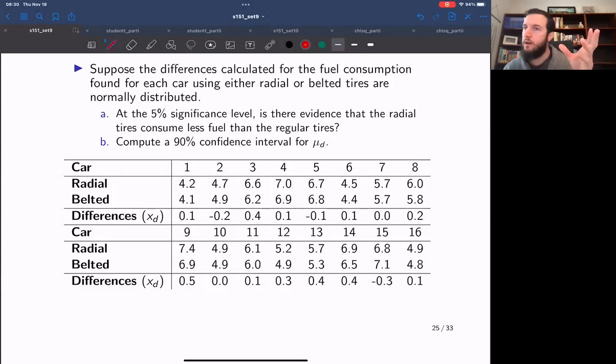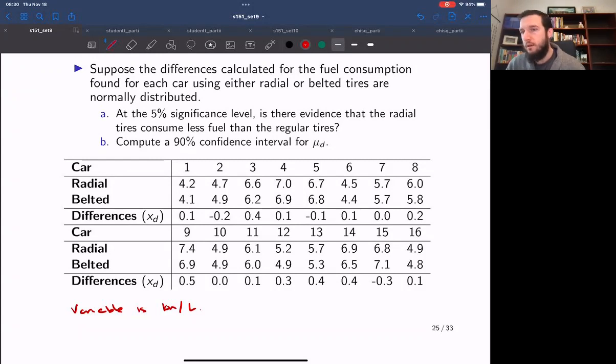So we're starting from the point that we have 16 different observations, which are 16 different cars. For each car, we have the fuel consumption in kilometers per liter, right? So the more fuel efficient car is going to have a higher value because it's implying that you go further for the same amount of gas.